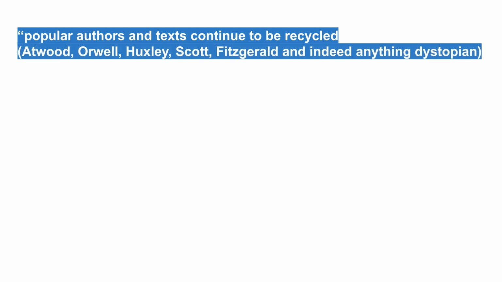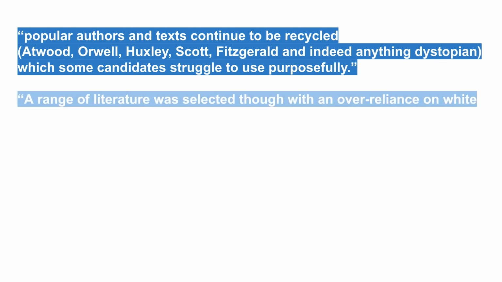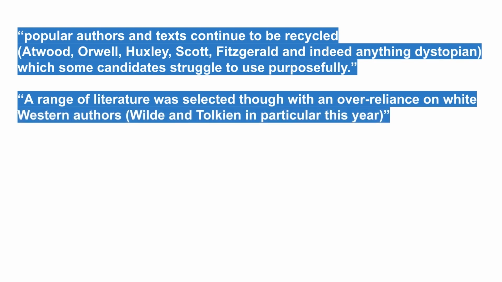The Examiner report commented that popular authors and texts continue to be recycled: Atwood, Orwell, Huxley, Scott Fitzgerald, and indeed anything dystopian, which some candidates struggle to use purposefully. They add that a range of literature was selected, though with an over-reliance on white Western authors, Wilde and Tolkien in particular this year.